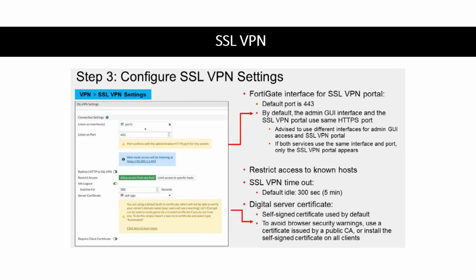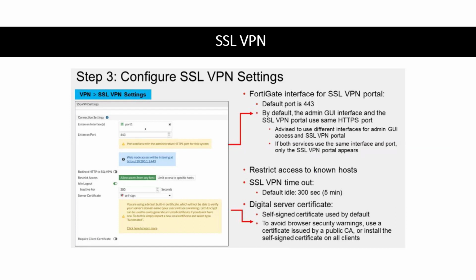Before any of our users can go ahead and connect to the SSLVPN, we need to go ahead and enable the FortiGate to be the SSLVPN server, right? And configure the SSLVPN settings, right? And so we need to of course, define the port, right? Restrict access to known hosts, right?